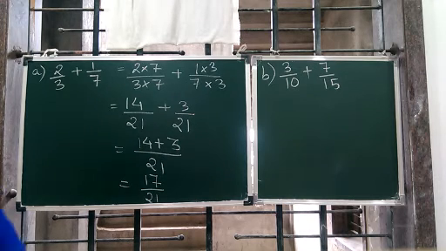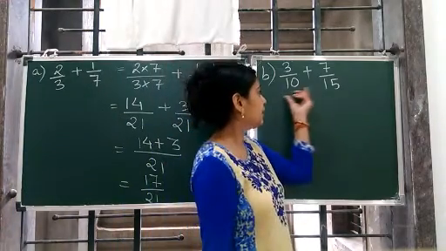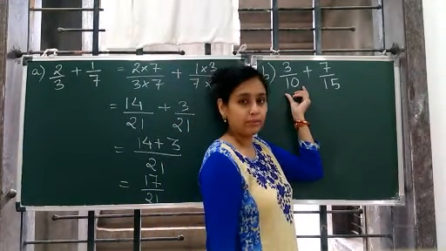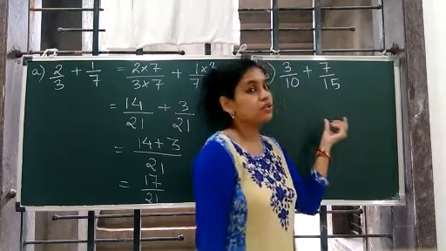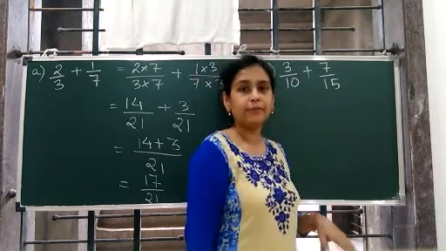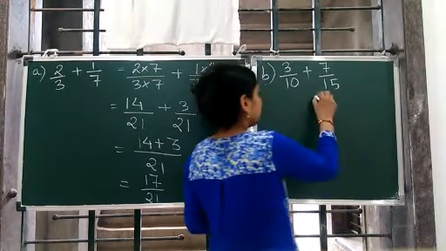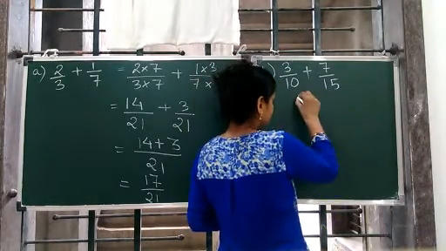So we interchange and multiply. But this time, children, when we interchange and multiply, the numbers become very, very big. So instead, if we do the LCM method, we get a common number between them, a smaller number. So let's do it.